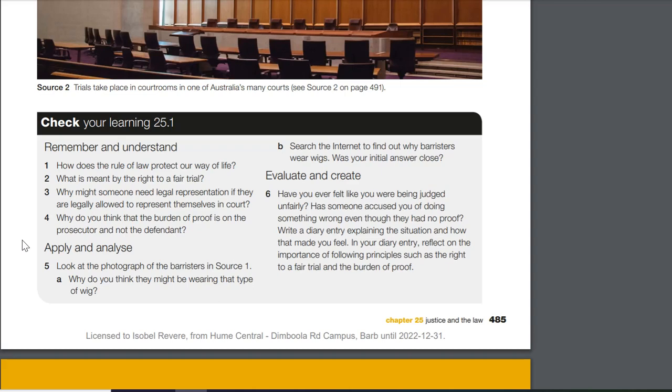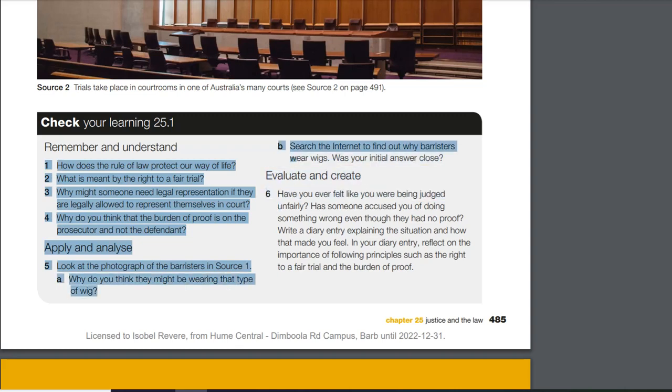Some of those definitions can be found in the textbook using the glossary, the Civics and Citizenship glossary. But you may also use the internet, such as Google, to look for definitions of those words. Once you've completed that, you are to answer questions 1, 2, 3, 4, 5, and 6.